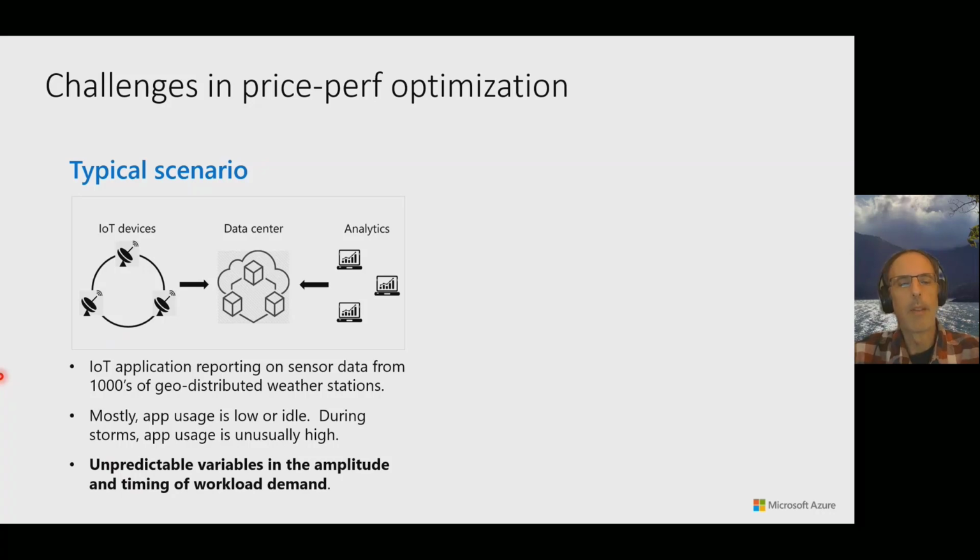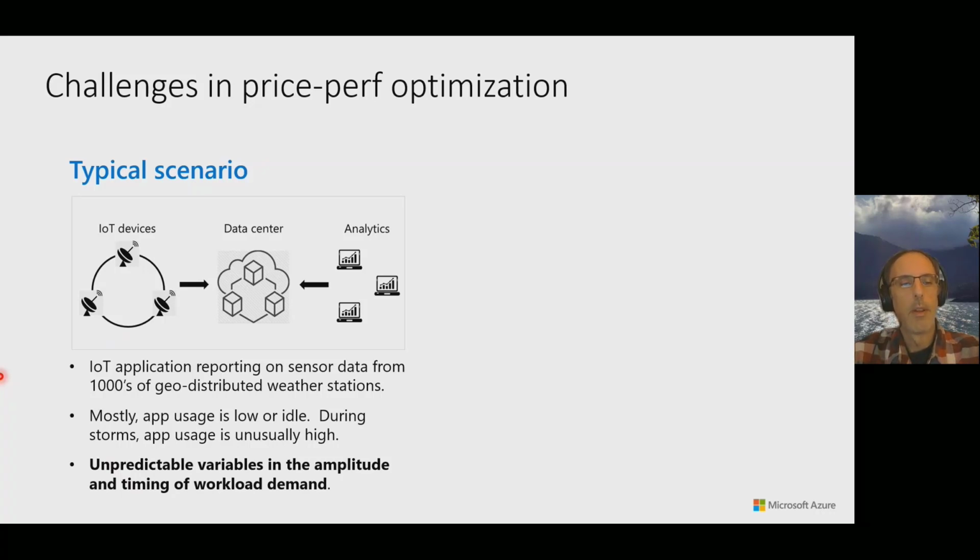And suppose the same database also exposes endpoints that clients can connect to in order to run analytics queries. It's easy to imagine that when the weather is relatively calm, that usage on the database is relatively low, but that say when a storm system passes through, the usage on the database can increase suddenly and to rather high levels of compute.